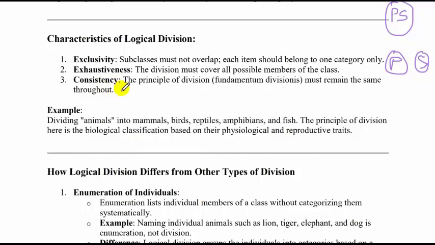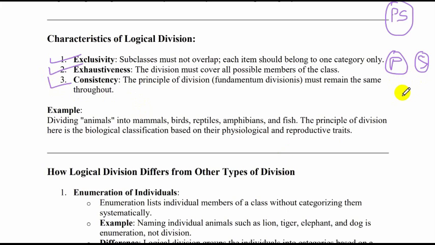I may skip many of these because we have already covered. It should be exclusive. What is exclusive means that the subclass must not overlap. Exhaustive means it should cover all possible members of the broad category. Consistency. The division principle should be consistent.